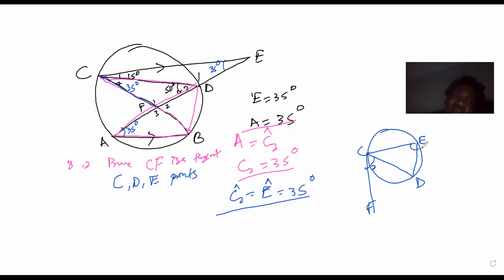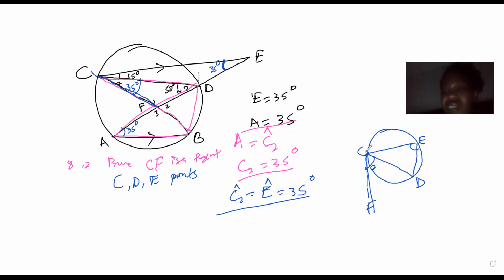Maybe I didn't draw it properly. But can you see the theorem where it was saying an angle between a tangent and a chord? This is the converse of the tangent-chord theorem. If this angle is equal to that, therefore this line will be a tangent.